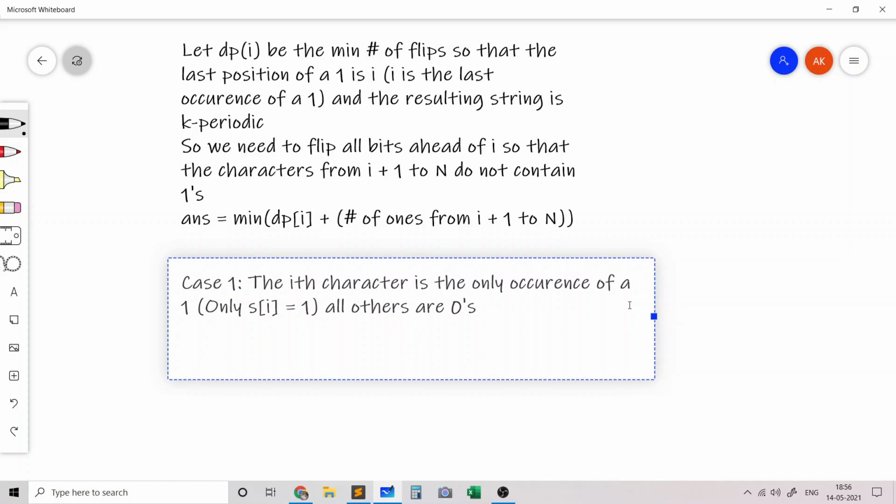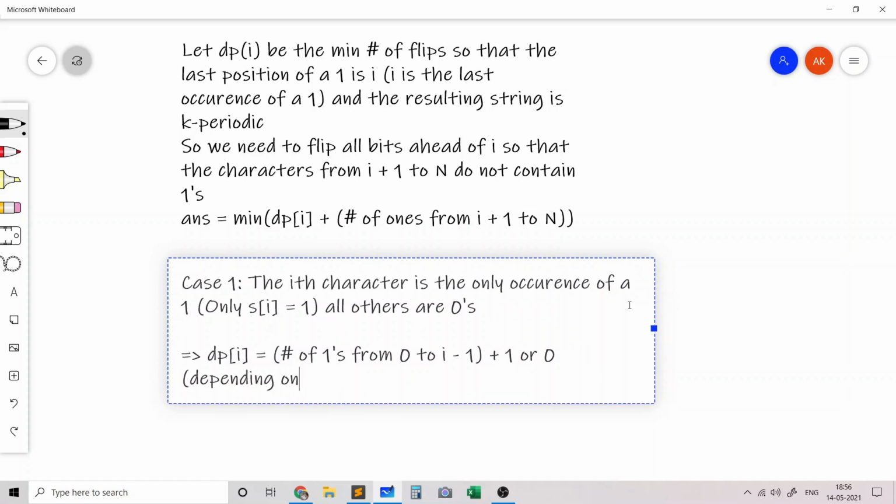And in this case, dp of I would be the number of ones from 0 to I minus 1 plus 1 or 0, depending on if S of I is a 1 or is a 0.